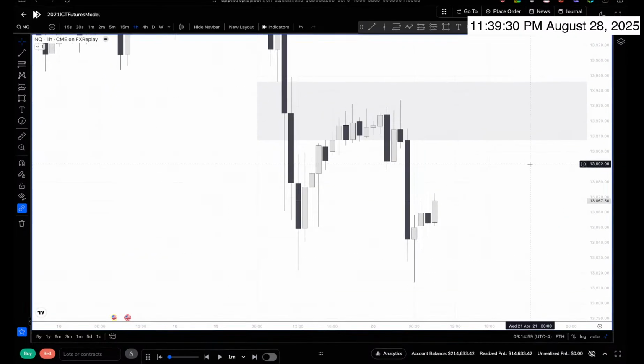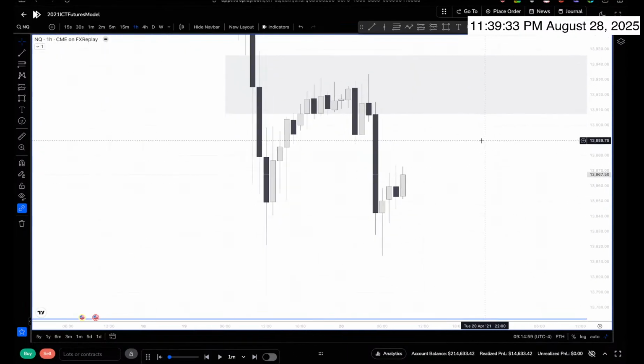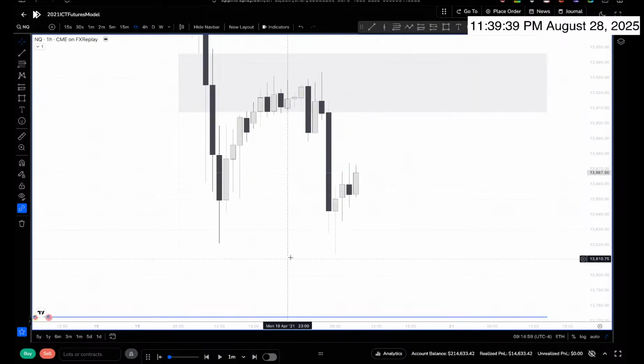Now here you can see that within 1 hour we just have a small high run over the low here as well. And we're currently in this nice fair value gap.